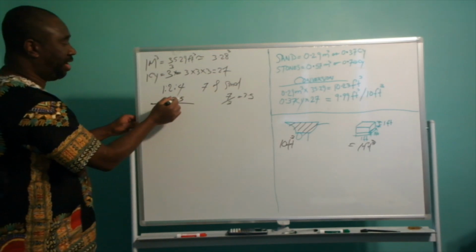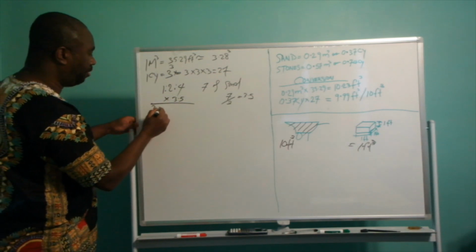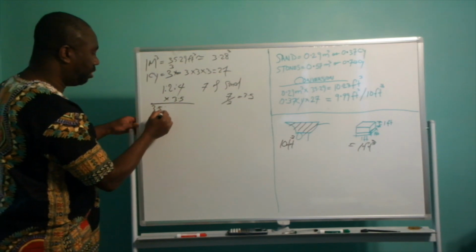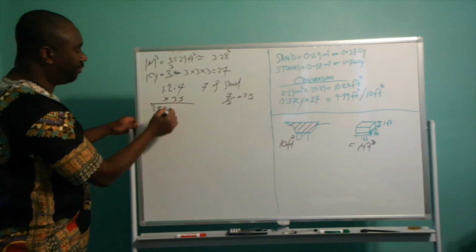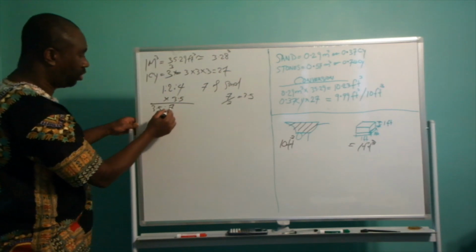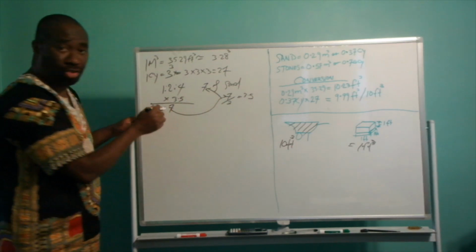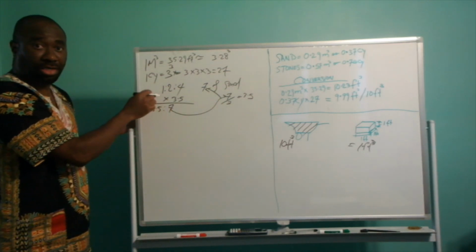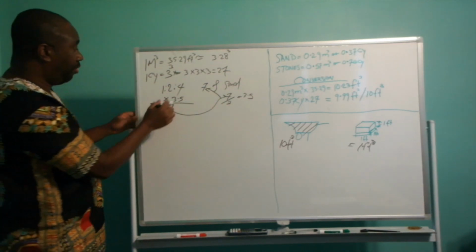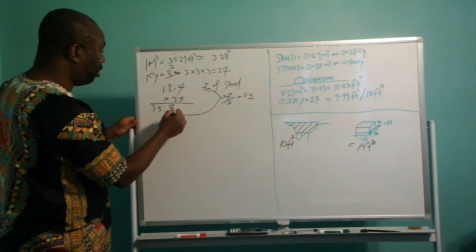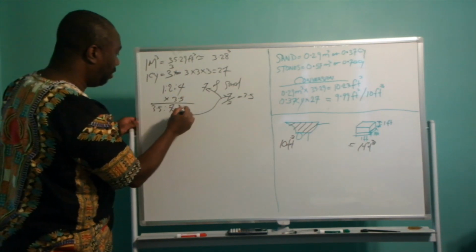So 3.5 times 1 is 3.5, and 3.5 times 2 is 7, which works out to be the 7 barrels that you have instructed your laborer to run on. And 3.5 times 4, that works out to be 14.